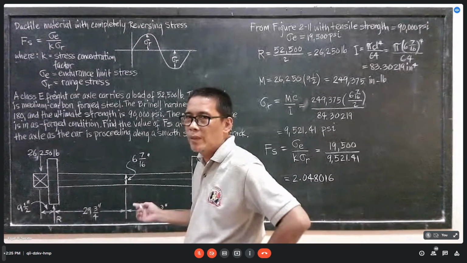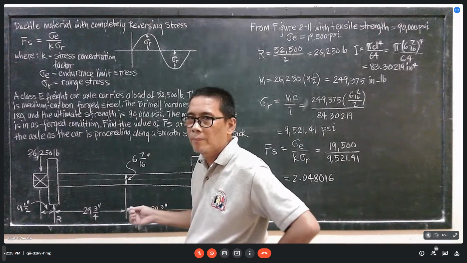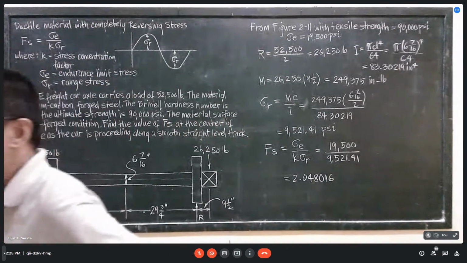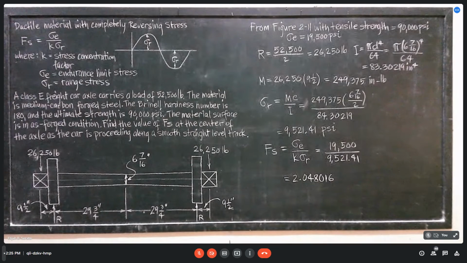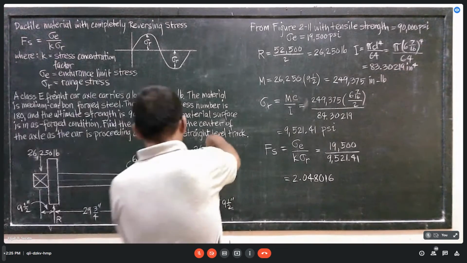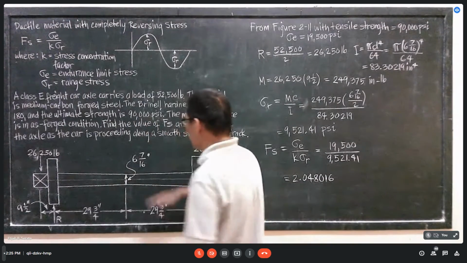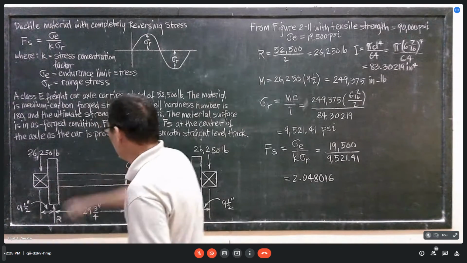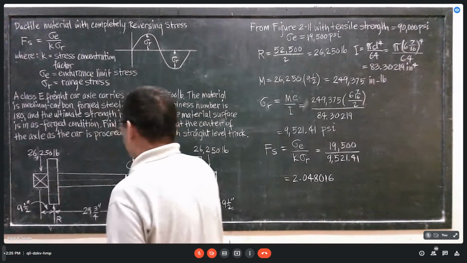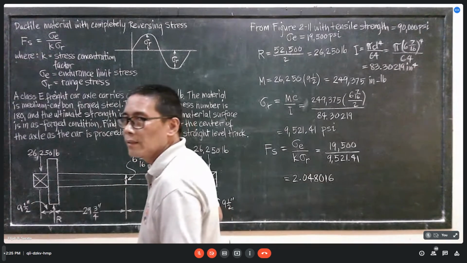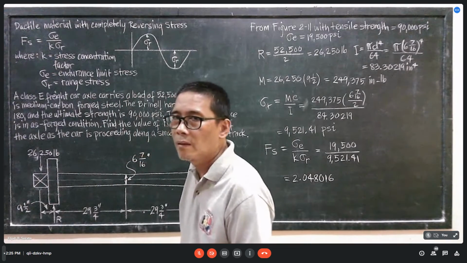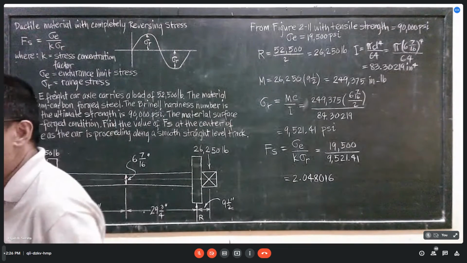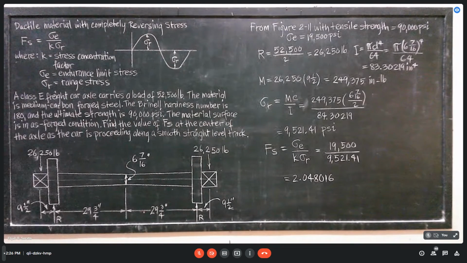Why compressive? So remember, they are pressing down here, so the tendency is to bend. On the other side, it also bends. So your axle will tend to be shaped like that. When you have a flexure or a bending, what kind of stress is it?